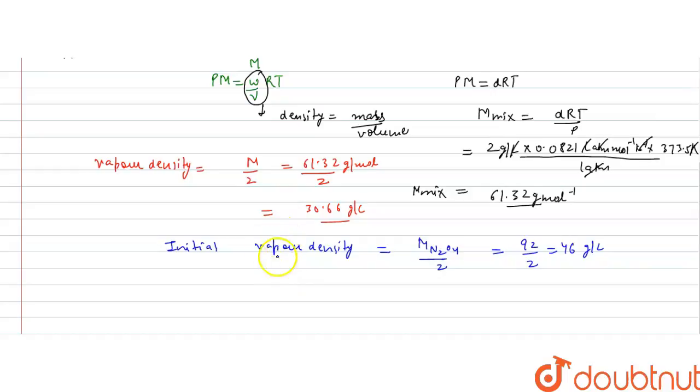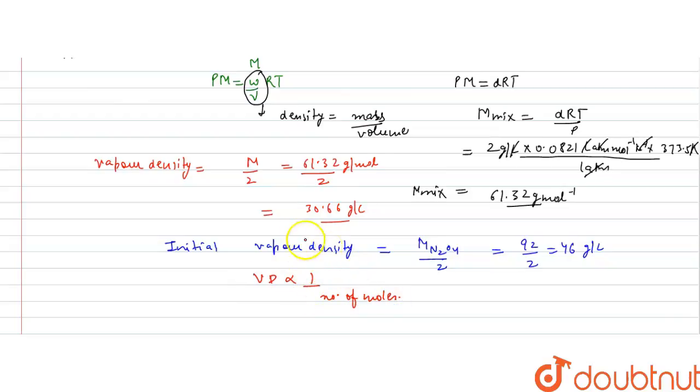Now, first of all, from vapor density we will calculate the degree of dissociation, and after calculating the degree of dissociation we will calculate the value of Kp, that is the pressure equilibrium constant, and after that Kc. So we have to go stepwise, as vapor density is inversely proportional to number of moles.